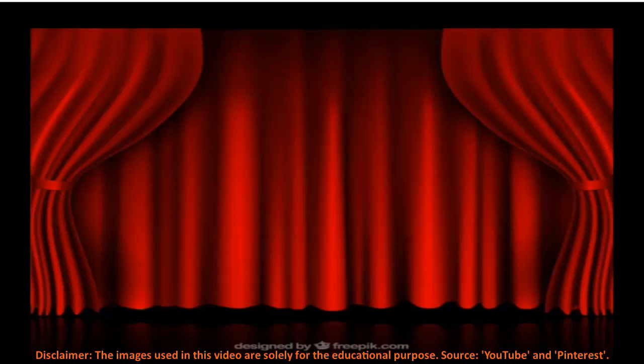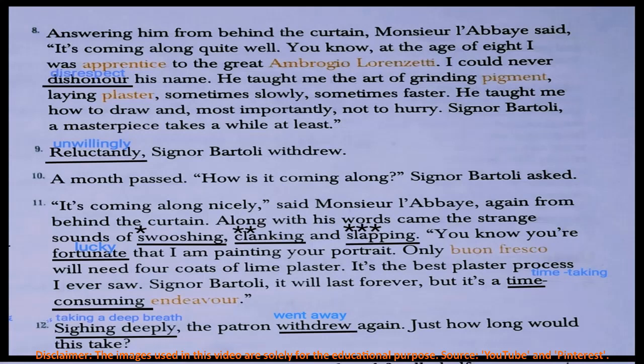Several times he tried to see the painting, but the painter did not allow him to do so. Yes, children, though Mr. Bartoli wanted to see his portrait, he was not allowed. Every time the artist from behind the curtain assured him that he was preparing a masterpiece.